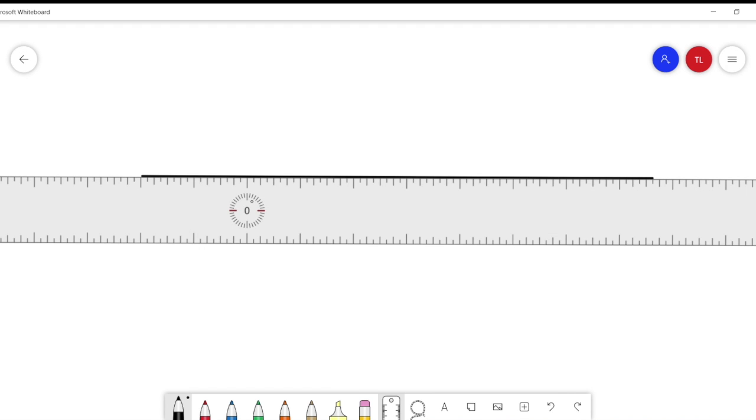Now, that's my first stick right there. That's my first stick. Now I roll it out. This is going to be the next point, right?